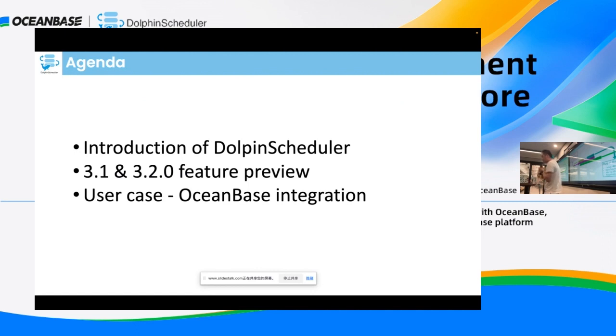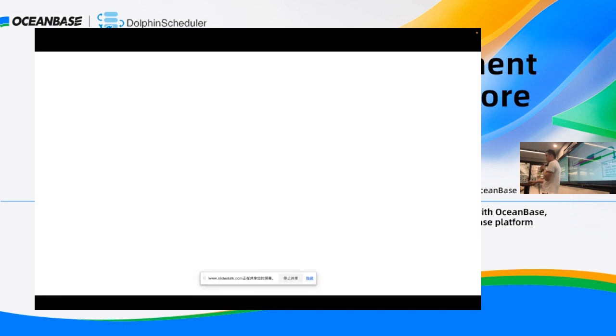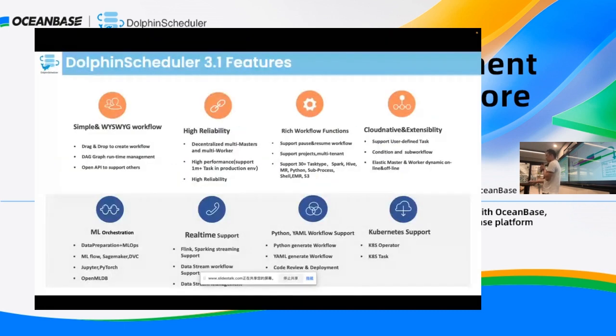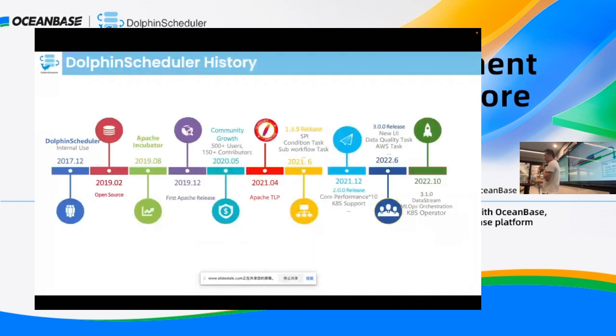First, I want to focus on the workflow schedule platform. As a data engineer, we have ETL jobs. A workflow platform can help us deal with complex dependency and concurrency limitation, and we can retry and backfill and do the monitoring and so many things.